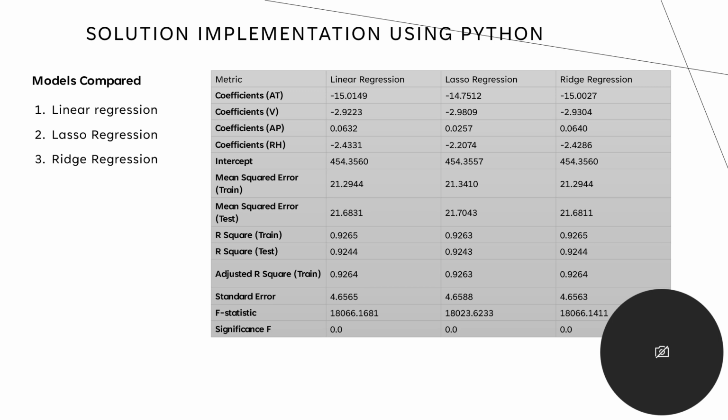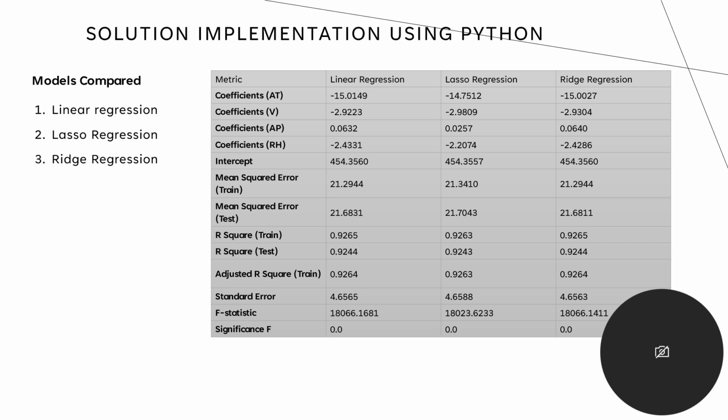Moving next, this is the solution implementation using Python, and the models I have compared in the matrix. You can see a comparison of the values of the coefficients, the intercept, the mean squared error on the training set, the mean squared error on the test data, the R square on training set, R square on test, and adjusted R square.